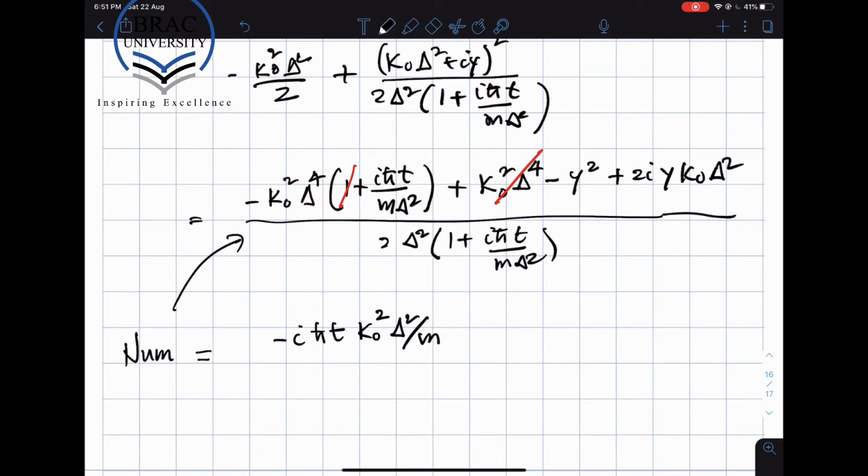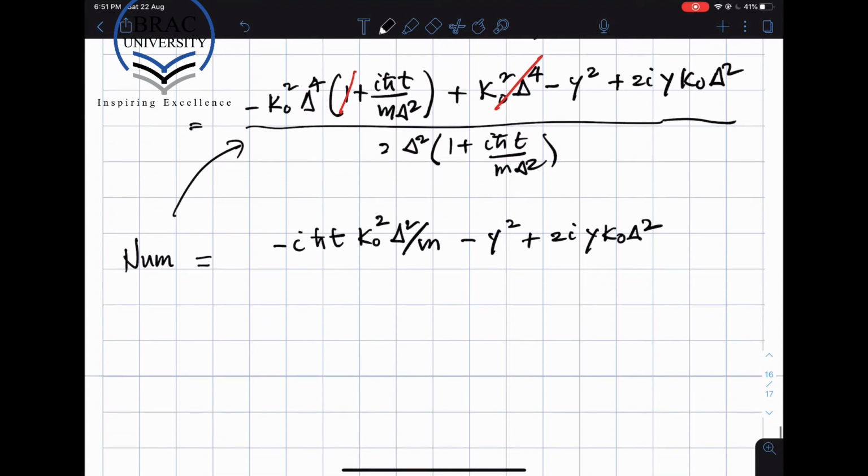And then we have minus y squared, and then we have plus 2i y k naught delta squared. Now what we're going to do is rearrange these terms. We're going to write minus y squared first, and then we are going to subtract this term, which wasn't there before.